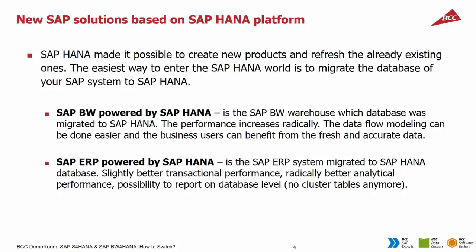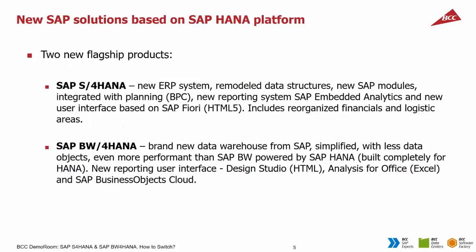In fact, SAP introduced entirely new systems, both data warehouse and ERP system, that take full advantage of SAP HANA platform. These are SAP S/4HANA, the new ERP system, and SAP BW/4HANA, the new data warehouse system.